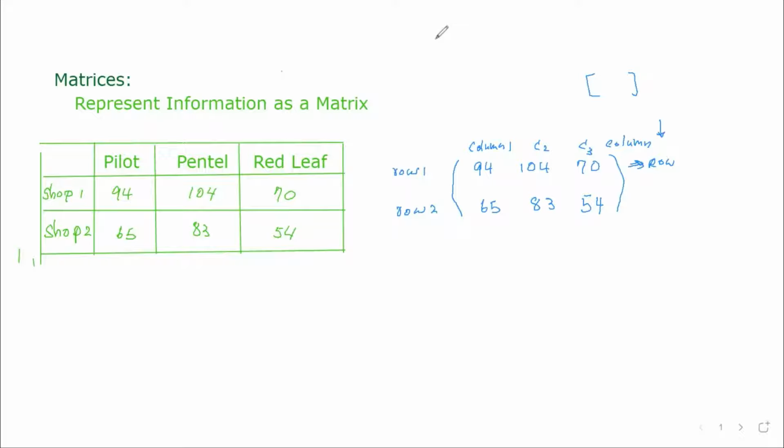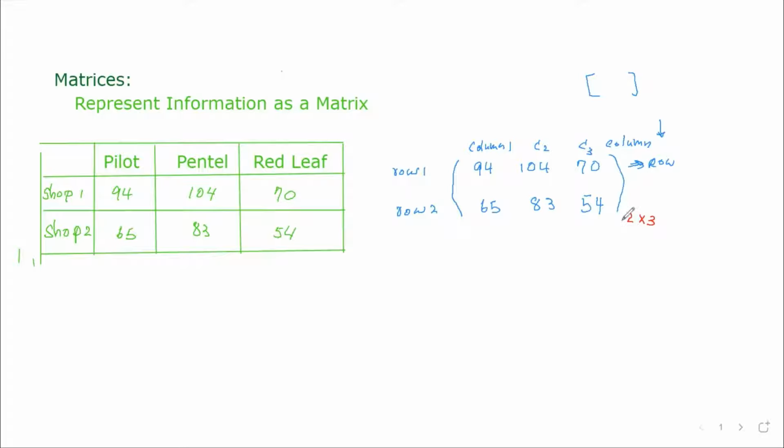So we normally write down here: we have two rows, 1 and 2, then the times sign, the multiplication sign, and the columns we read 1, 2, 3. So we have 3 columns, and you write 3 here.